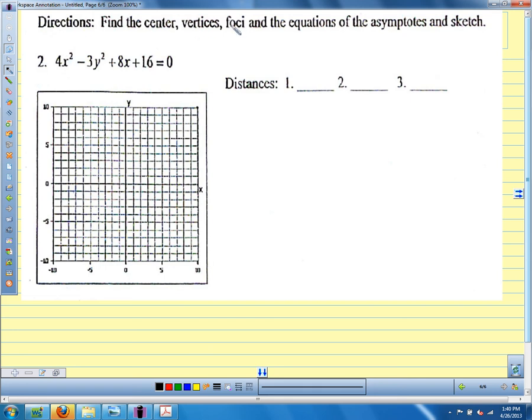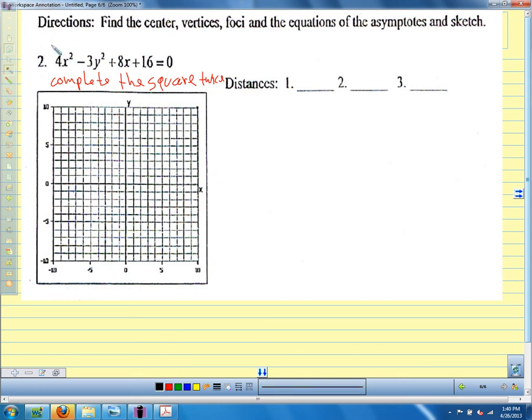We want to find the center, the vertices, the foci, and the equation of the asymptotes. So for this type of problem, we just have this long equation. What are we going to have to do? What do we do when we have this kind of thing with an ellipse? We have to complete the square twice. So I have to complete the square on the x part and on the y part.